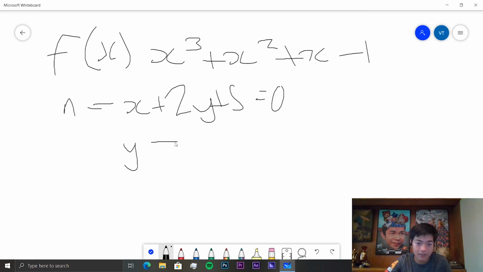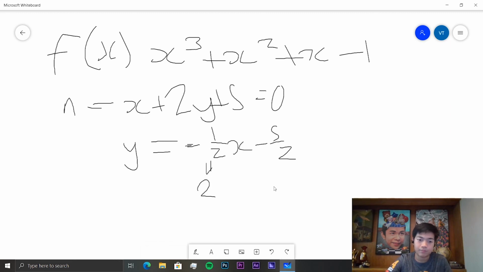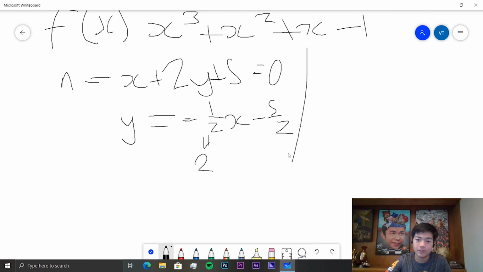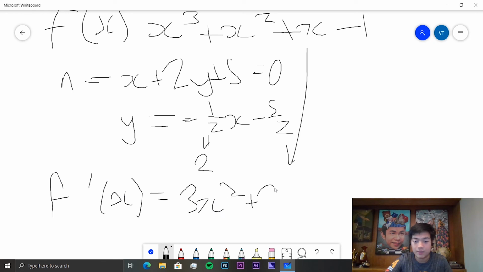We get y is equal to negative 1/2 x minus 5 over 2. If they're normal to this line, negative 1/2 x, that means the gradient must be 2 again. So let's get the derivative of this. And this would be f prime is equal to 3x squared plus 2x plus 1.